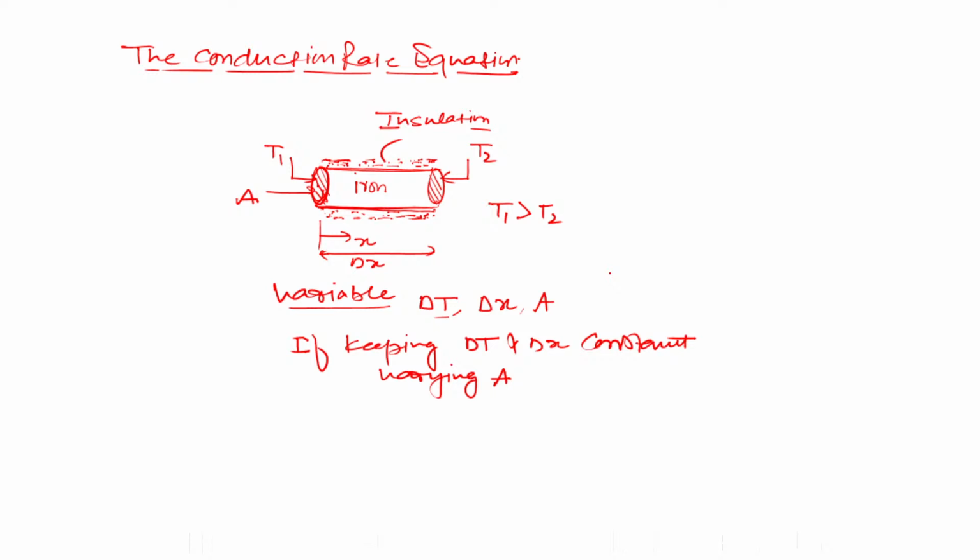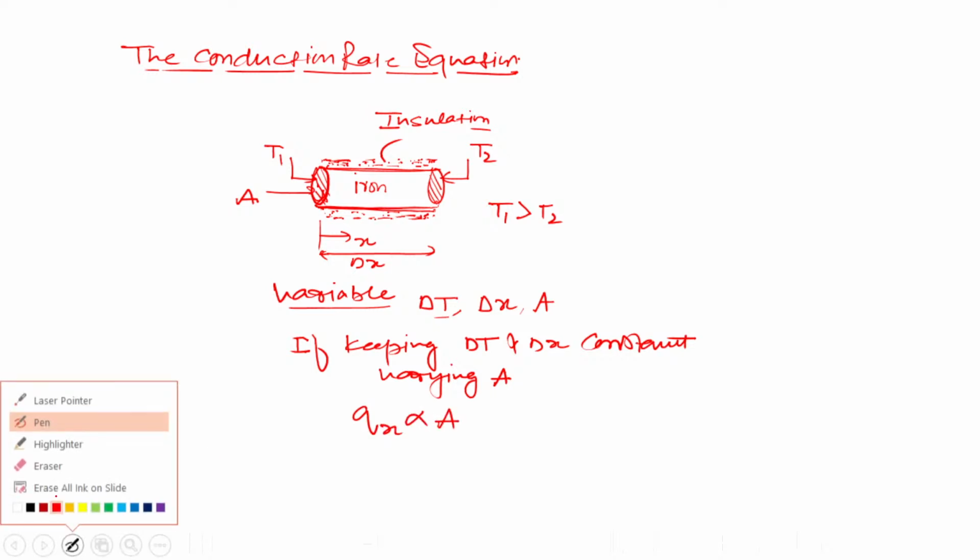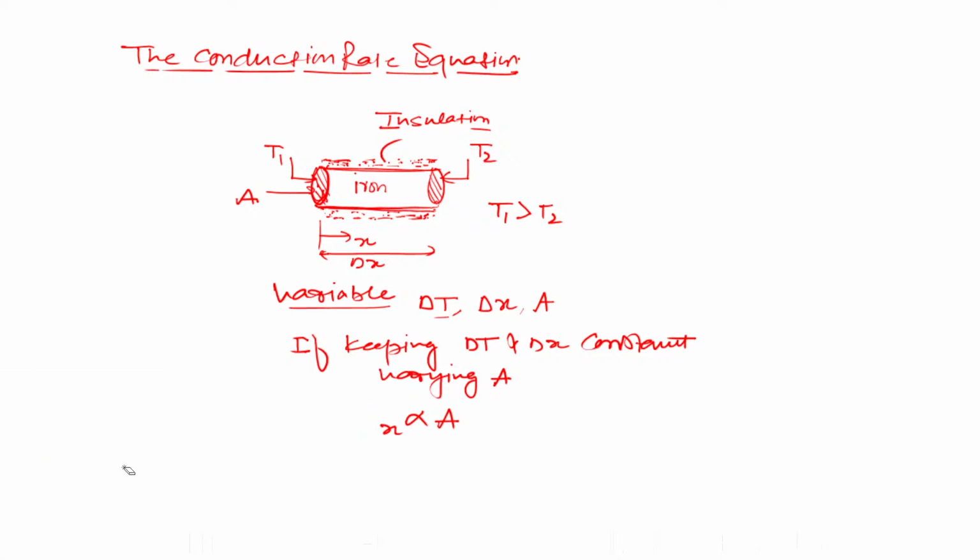If we do so, we find heat rate is directly proportional to area. If area becomes twice, then heat transfer will become twice. From this, we can say the heat rate, sorry, not flux, is proportional to area. If delta T and delta X are constant and we keep varying A, it is found that if area becomes twice, then the rate of heat transfer becomes twice.